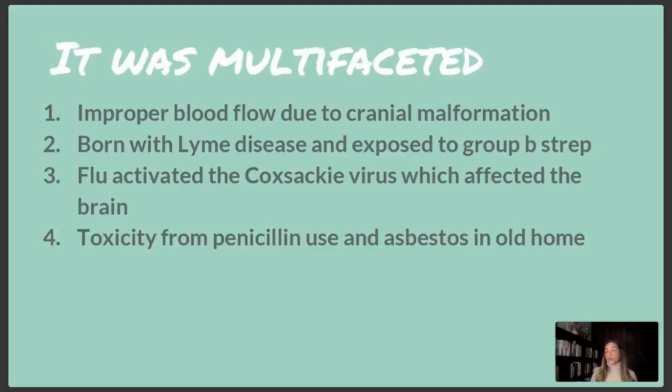We also found that the brain had a lot of issues with blood flow due to the cranial malformation, which was the flat spot. So we had the susceptibility in the brain because of the cranial malformation. Then we had Lyme disease in the body, but not necessarily active. We also had group B strep, an exposure in the womb. Then the pneumonia.